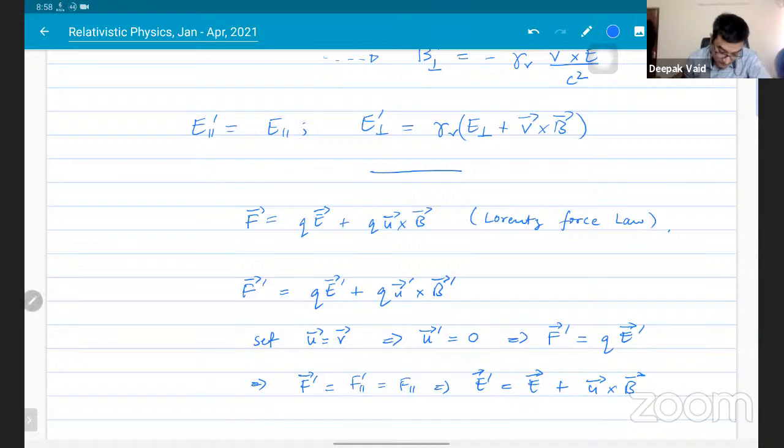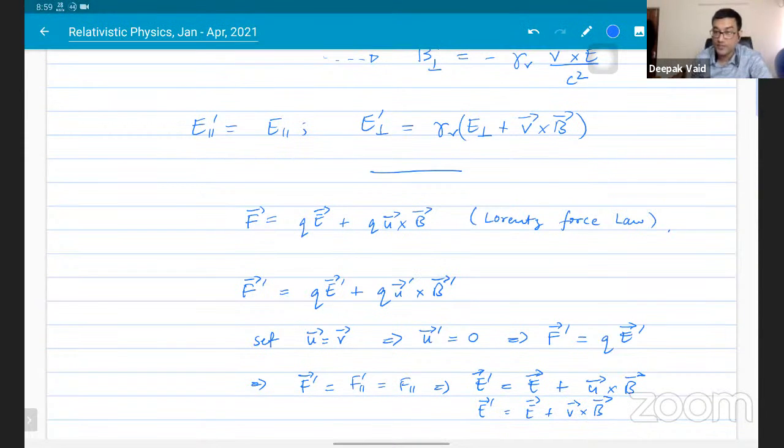Now, what is U? U is equal to V, right? So this becomes E plus V cross B. So if you just proceed in this very naive manner, you get that the electric field would have this transformation.